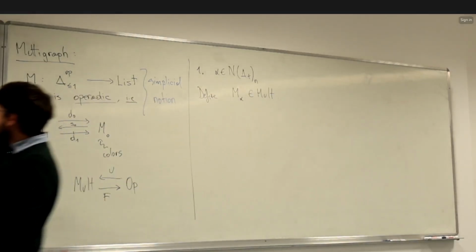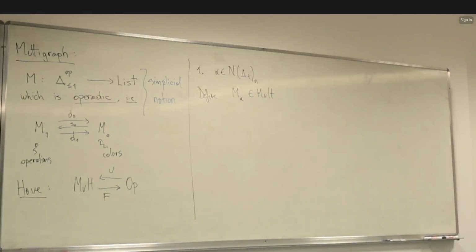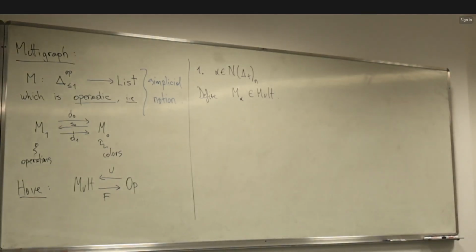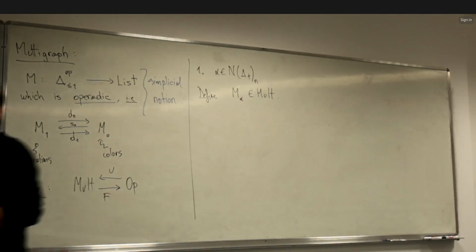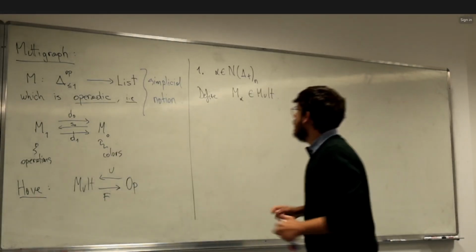Okay, so you have your simplex, just write it in this form. You can define operations with sources the preimages, and targets the colors themselves. You can always do that.